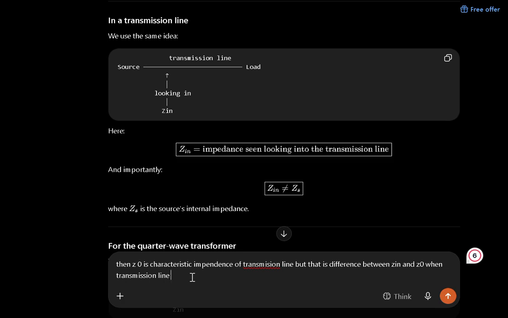So then Z0 is the characteristic impedance of the transmission line, but what is the difference between Zin and Z0 on a transmission line?